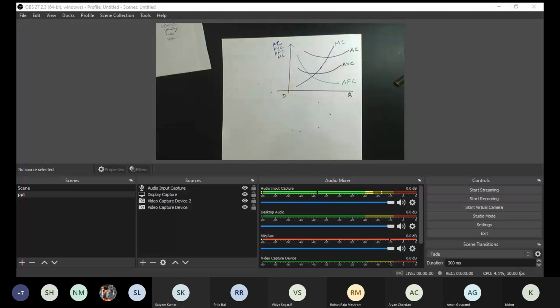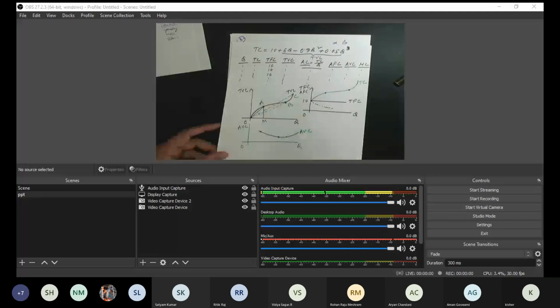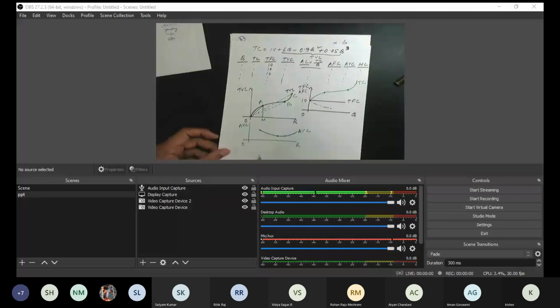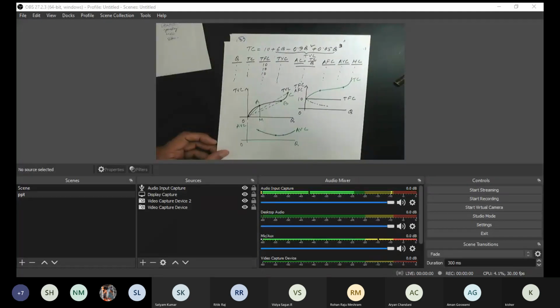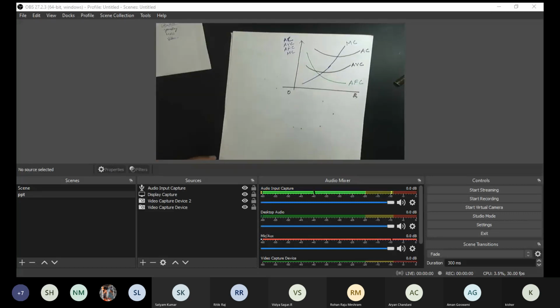In a cubic cost function, those tabular values, if you plot them on graph paper, you will get this kind of shape curve. But in another way also you can prove it.